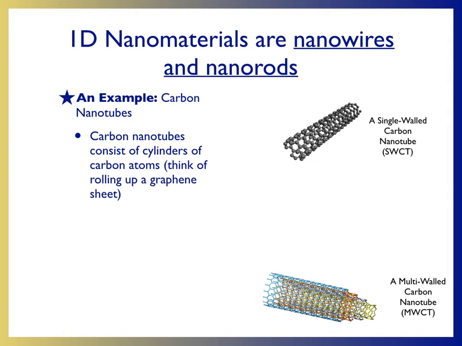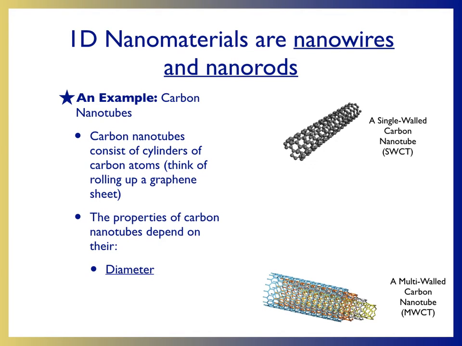How you roll that graphene up to make the carbon nanotube will dictate its properties. The properties depend on the diameter, the twist, and the number of walls in the nanomaterial. Diameter dictates the shape of the nanotube. You may think that most carbon nanotubes are cylindrical.